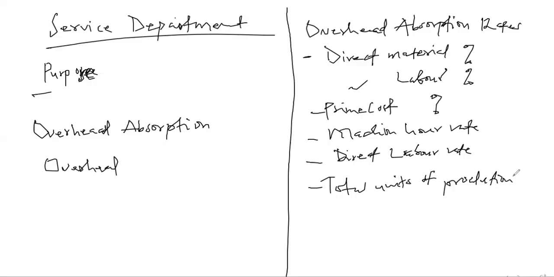So the next thing that I'm going to talk about is, okay, let me explain how to get your overhead absorption rate, the OAR. It is a simple formula. The overhead absorption rate formula is the budgeted or estimated total overheads.